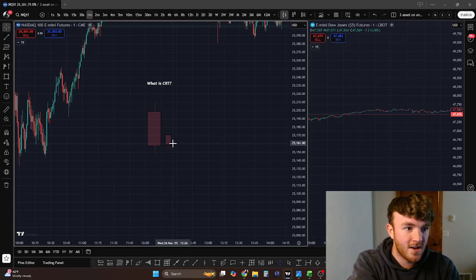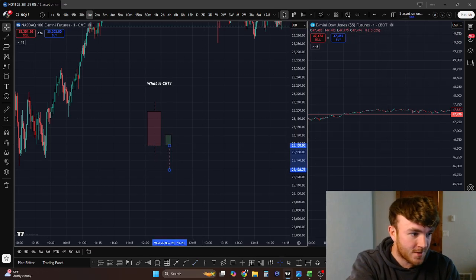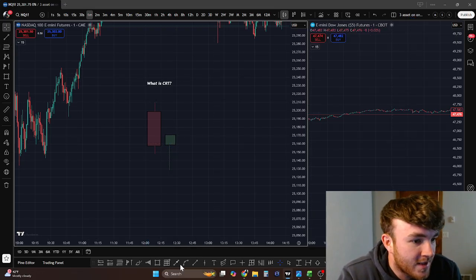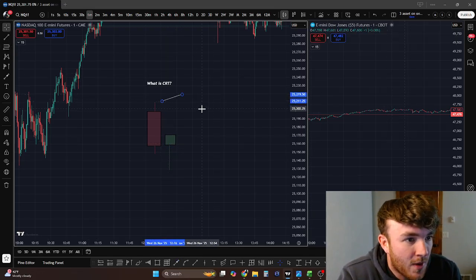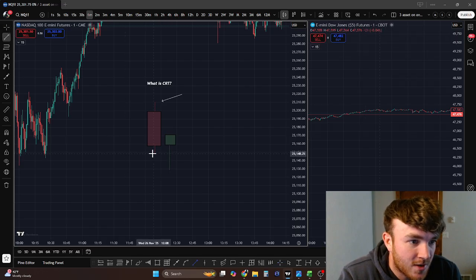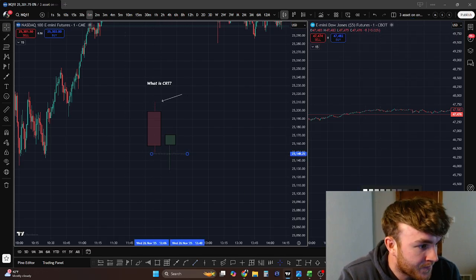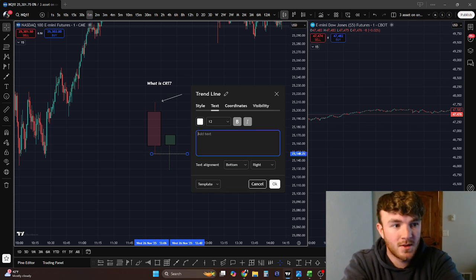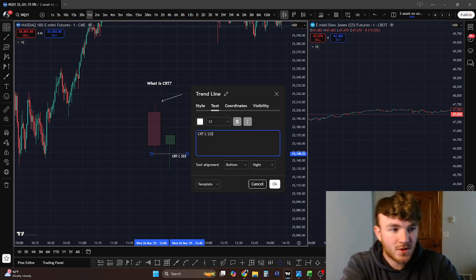We close higher of this candle. So there's that sweep. We know with a high probability that the draw on liquidity is now the opposing end of that candle. So here you can see we sweep out the low.